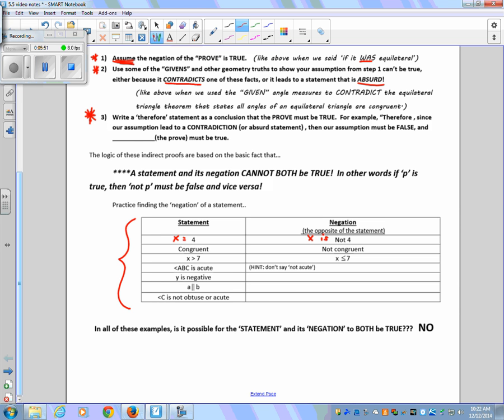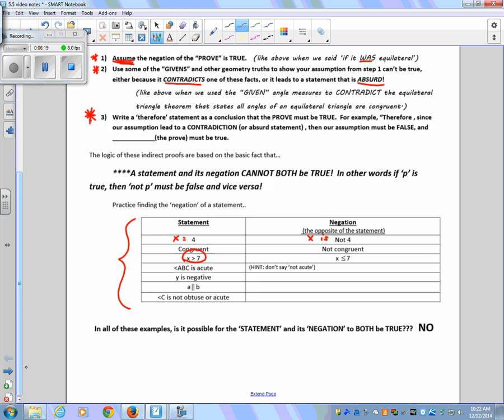If something is congruent, the negation of it would be not congruent. If something is greater than 7, then it's not greater than 7, but that includes less than or equal to 7. If you could see this notation here, less than or equal to, there's two possibilities. If it's not greater, it must be less than or equal to 7.